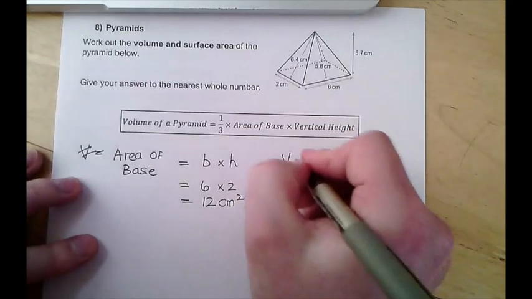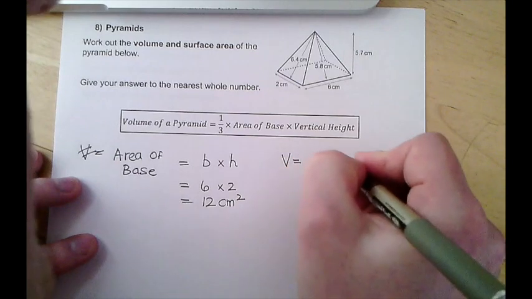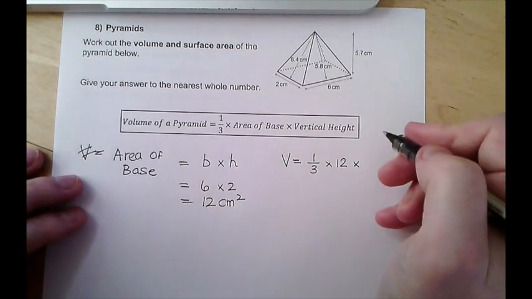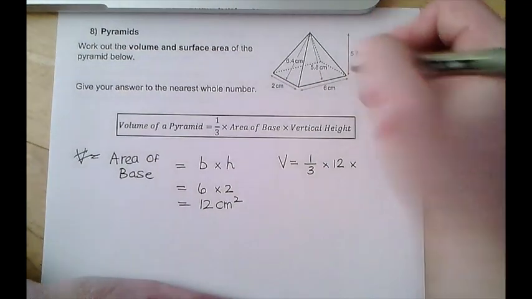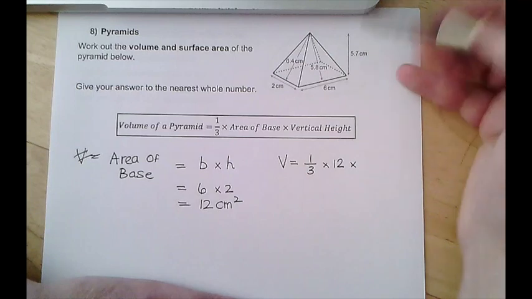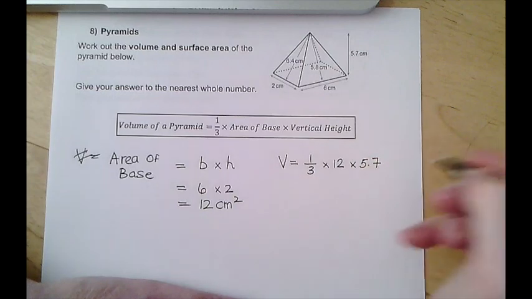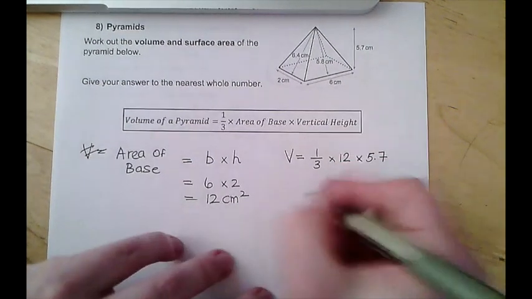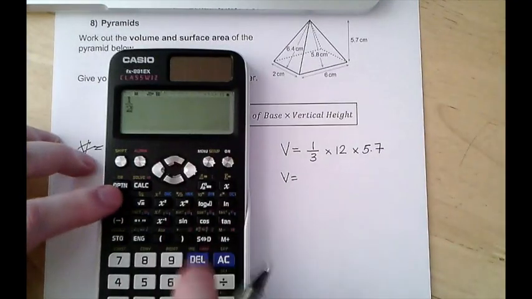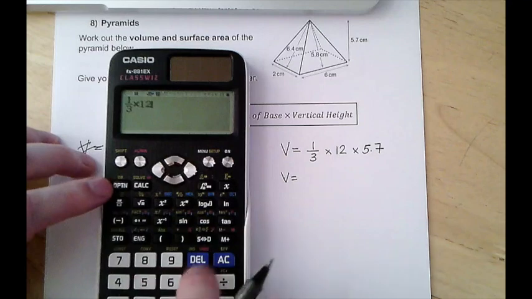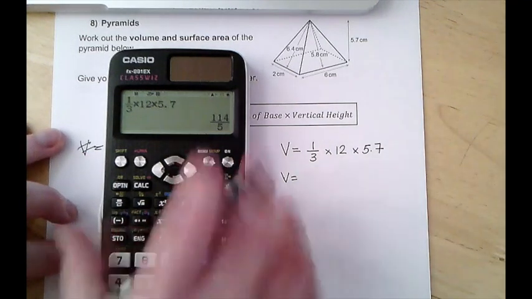So the volume is a third multiplied by the area of the base, which is 12, multiplied by the vertical height. And it's not obvious to see in the diagram, but it is this dimension here, this side length. So 5.7 centimetres. So the volume, 1/3 times 12 times 5.7 is 114 over 5.